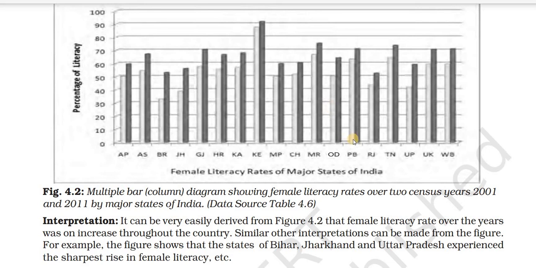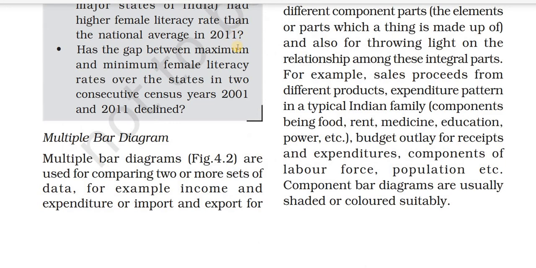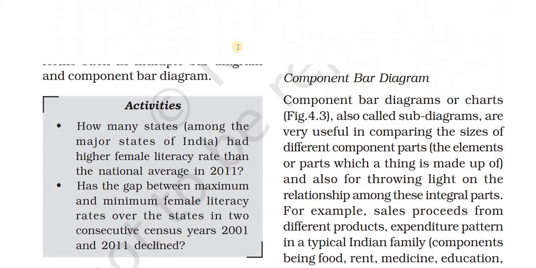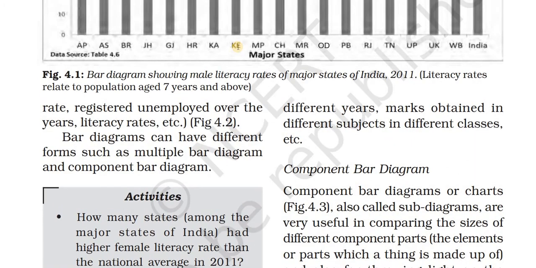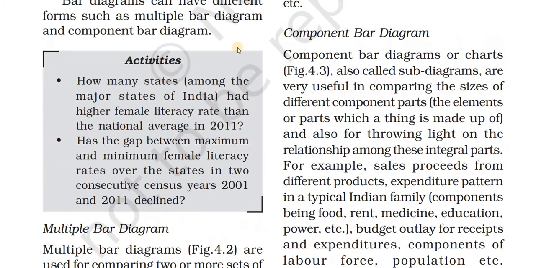This is the multiple bar diagram. In a multiple bar diagram, they are used for comparing two or more sets of data, using more than one data set. For example, income and expenditure, import and export; like that we can include different data.